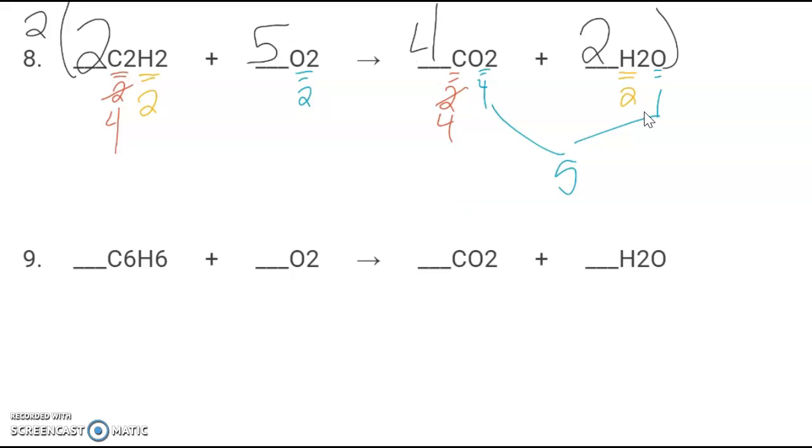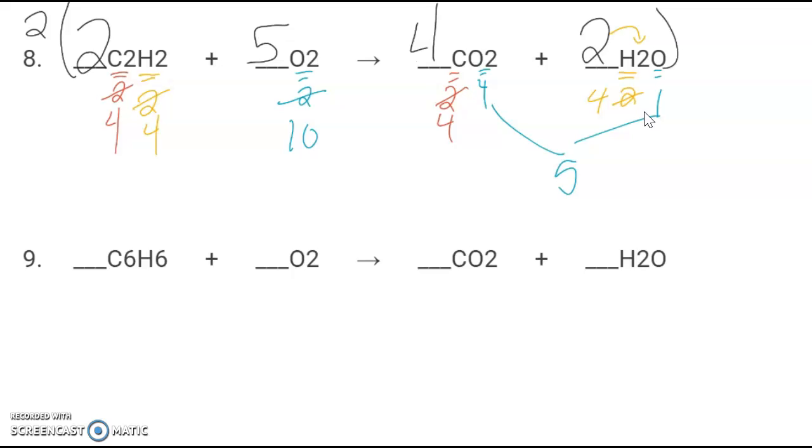Hydrogen, 2 times 2, so 4 hydrogen. On our product side, 2 times 2 also, so 4 hydrogen. So hydrogen and carbon both look good. We'll just double check our oxygen real quick. So for our oxygen, we have 5 times 2. 5 times 2 is going to give us 10 now. And then we're going to double check our product, see if we get 10.